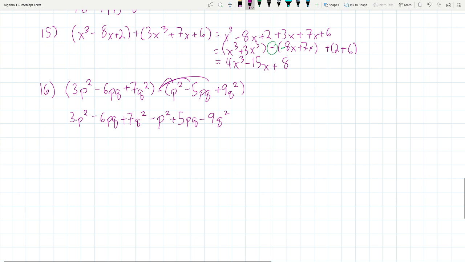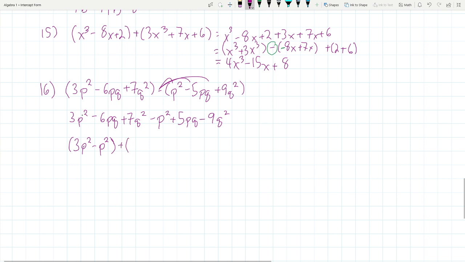So I am going to combine like terms. I start with my 3p squared, and maybe I'll do the little parenthesis thing that they did up there. So I get 3p squared minus p squared. Anything else with p squared? Nope. I close it.